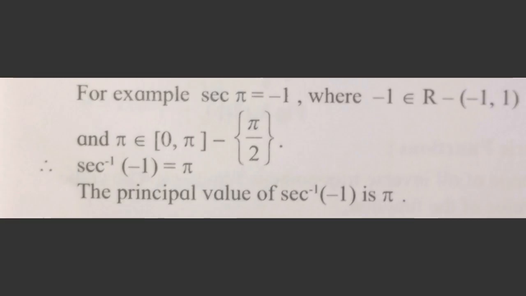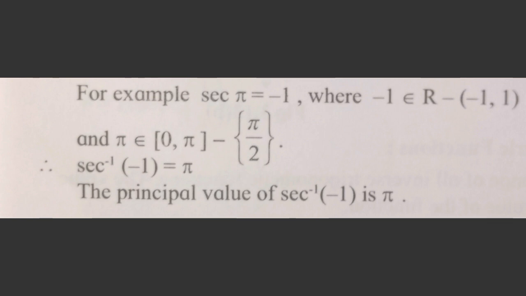Let us see one simple example here. Sec of pi equal to -1, where -1 belongs to set of real numbers except the open interval -1 to 1 and pi belongs to close interval 0 to pi except pi by 2.